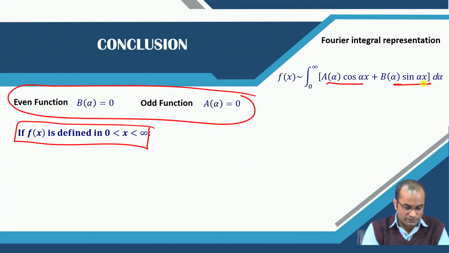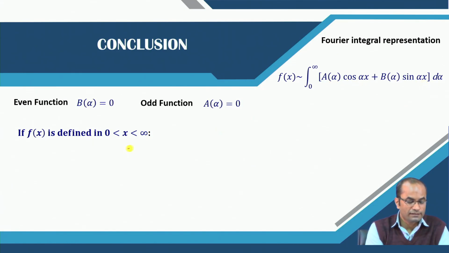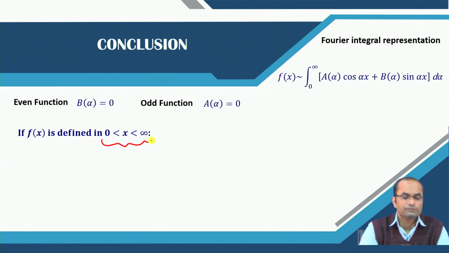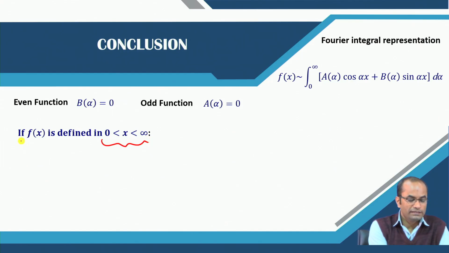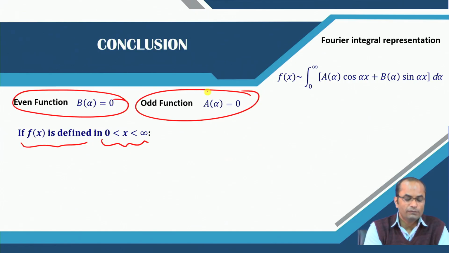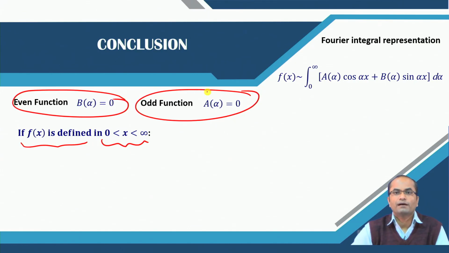But we then extended the idea: suppose the function is defined in the interval 0 to infinity, then we have the possibility of extending this function to make it an even function, or an odd function, on the whole real axis. In either case the idea discussed here will be applicable, and we have a simplified and the desired formulation.